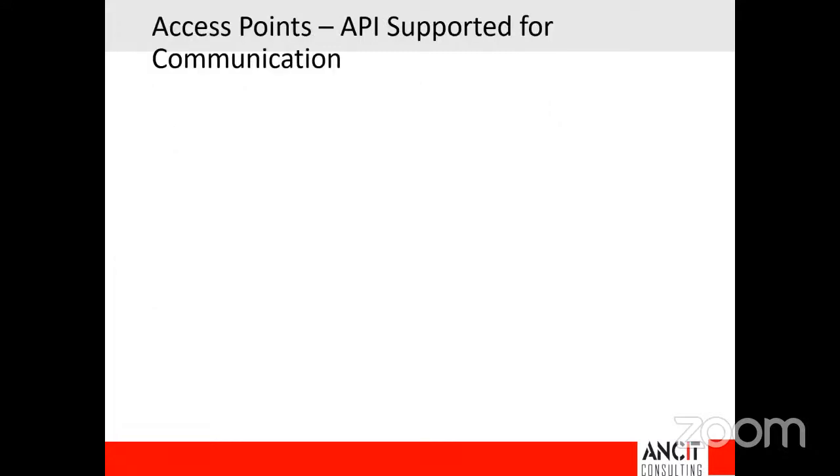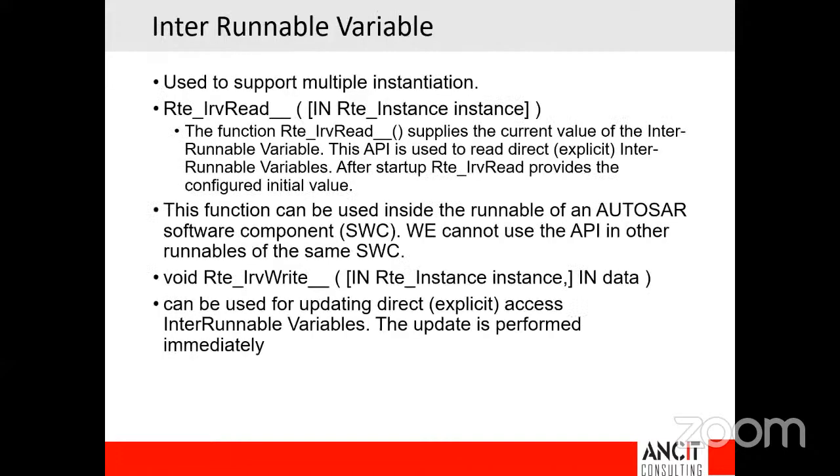There are many types of access points and many types of communication paradigms available in RTE. There's Rte_Read, Rte_Write, Rte_IrvRead, Rte_IrvWrite, Rte_IWrite, which is implicit write, and Rte_Write, which is just explicit write.